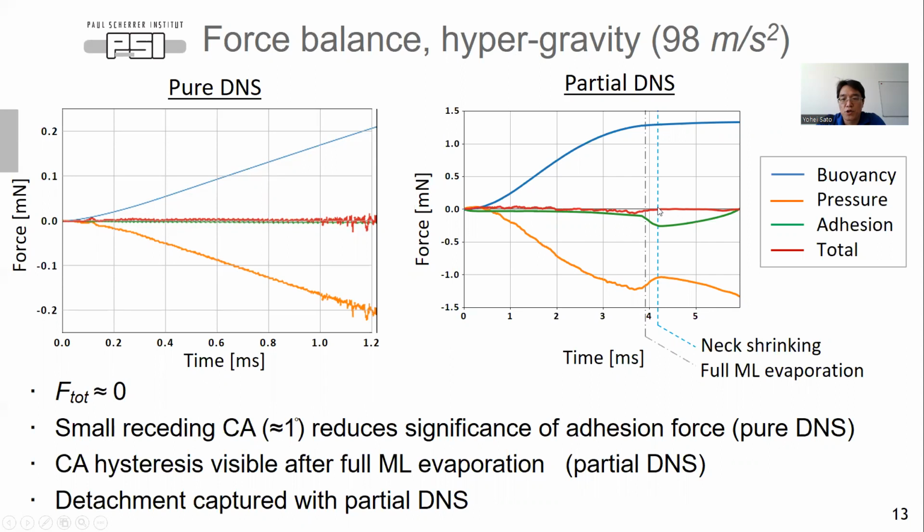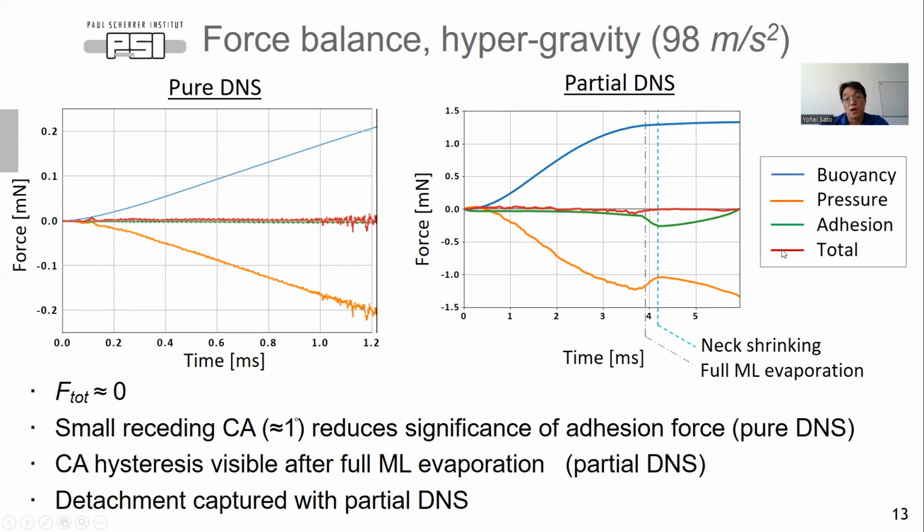And at this time, the neck starts shrinking. And at the end of the simulation, the bubble departs from the wall. The blue line is the buoyancy force, orange is pressure, and green is the adhesion force.